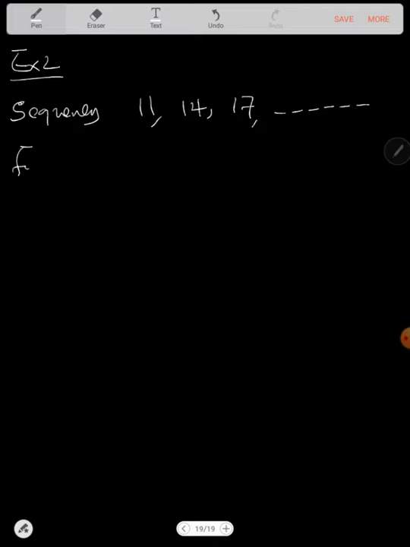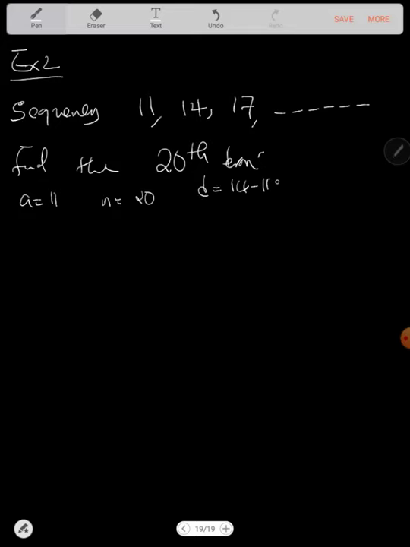Find the 20th term. How do you find the 20th term? You know that A is equal to 11 and N is equal to 20. The common difference is 14 minus 11, which gives you 3.